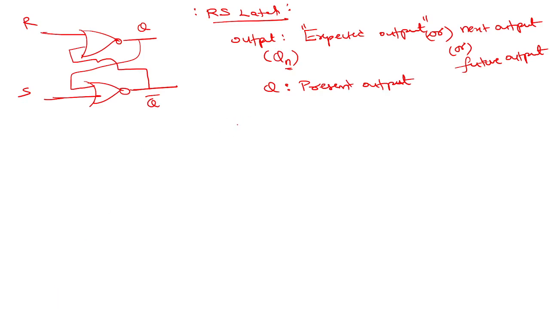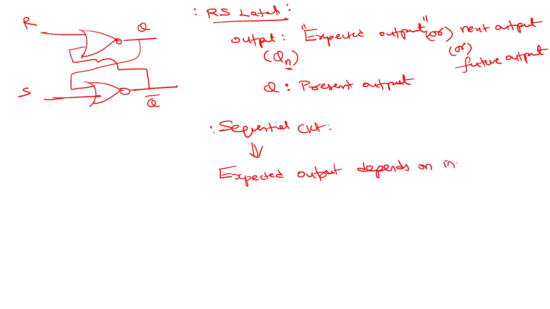So now what is a sequential circuit? In the sequential circuit, your expected output depends on inputs, in this case R and S, and present output. That is important. Okay? Your expected output Qn depends on the inputs and the present output.